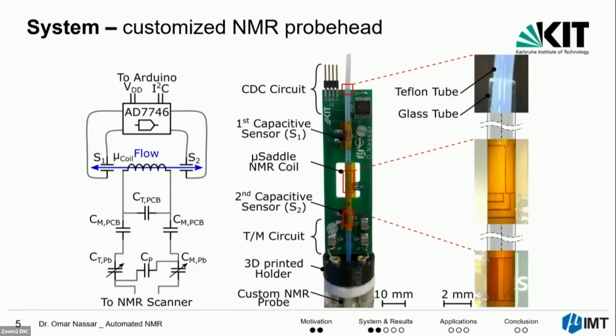Also, it gives us the capability to measure the volume and the flow rates of the samples. The two sensors as well as the coil are built around a glass capillary, where the microfluidic tube is fed through this glass capillary, so we prevent any fluidic junction that would interrupt the flow.